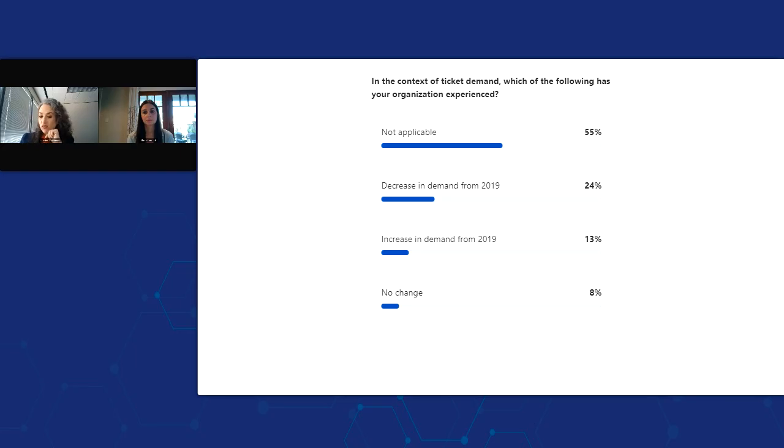Oh, I see there's really good conversation happening in the questions, which I just love to see. And I see there were some people who said not applicable because they do free performances only. And then some that are not at an arts organization, but have seen decreased demand for their services due to COVID.